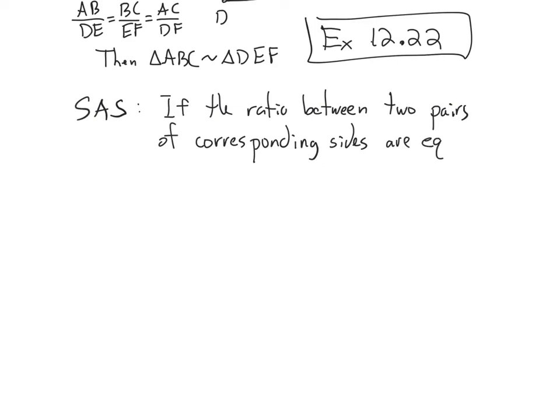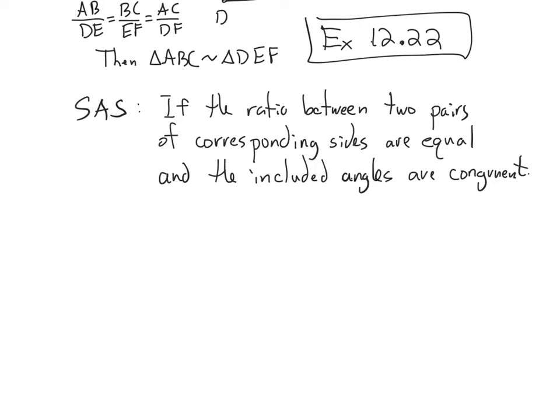So you don't know if all three are, but if you know what two are, and the included angle, so that's the one right between them. I'll draw a diagram in a second. If we know each of them are congruent with each other, then the triangles are similar. And again, let's draw a little diagram.